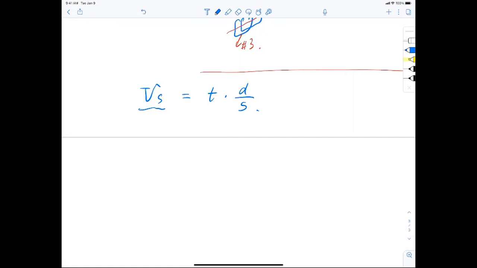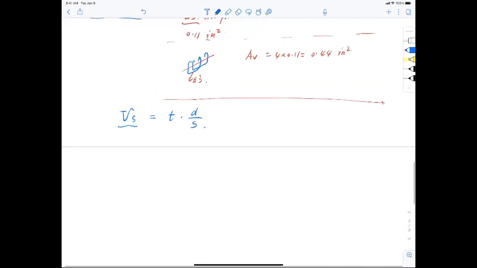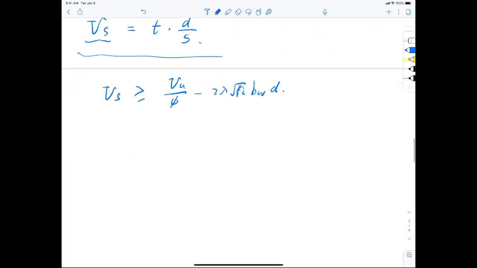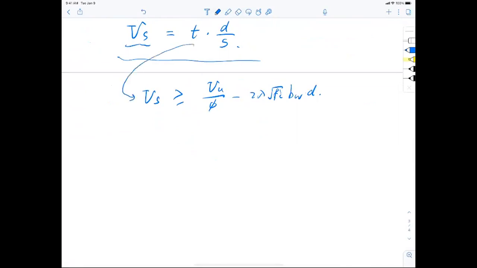With this, now if I put this equation in, Vs should be, don't forget, greater than or equal to Vu divided by phi minus 2 lambda square root f'c bw d. That means T, which is Av fyt d over s, has to be greater than or equal to Vu over phi minus 2 lambda square root f'c bw d.